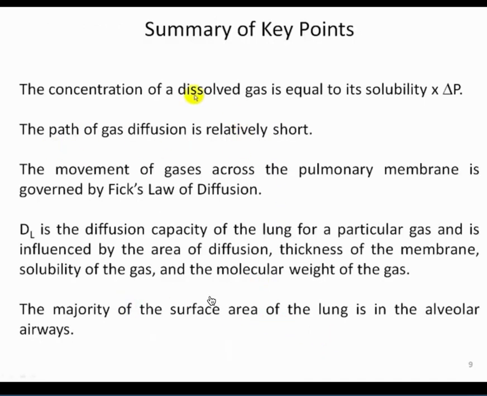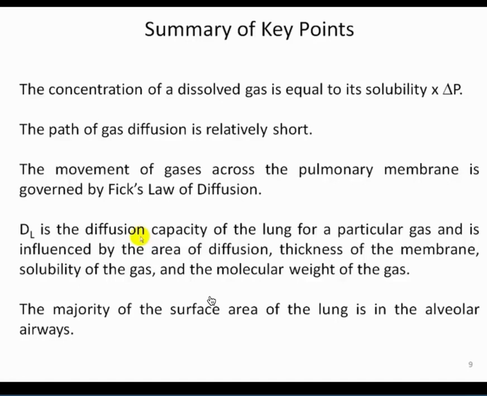So, a summary of key points: understanding the concentration for dissolved gas, the path of diffusion being relatively short, and the movement of gas across this membrane being governed by Fick's law, and being able to understand how changes in those variables will affect diffusion. Understand what DL is, and how it's a functional measure of the anatomical properties, the surface area as well as the thickness of the membrane.